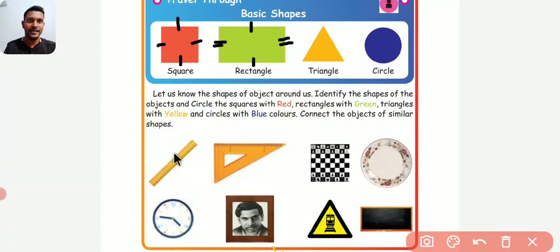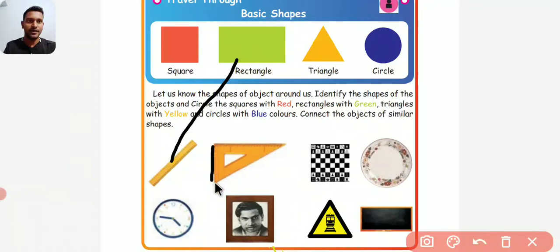In this object, this side and this side are equal. This side and this side are equal. Therefore this object looks like a rectangle.